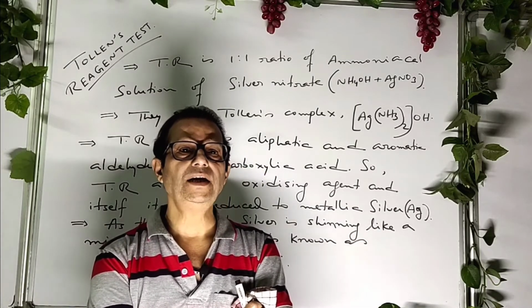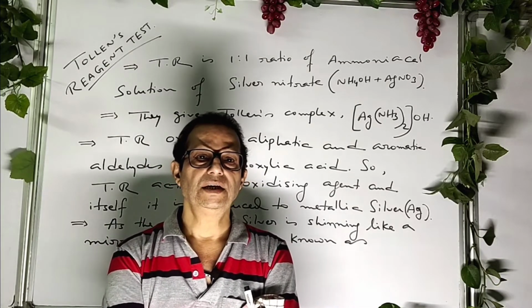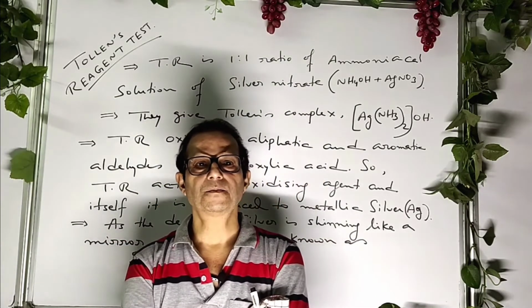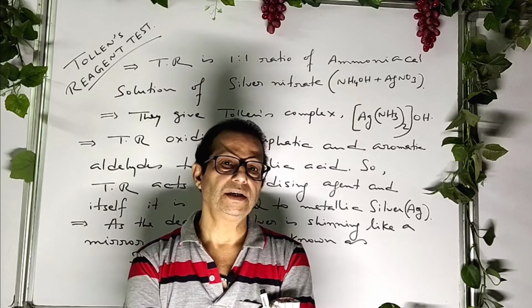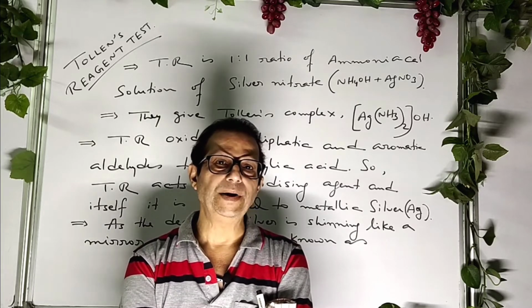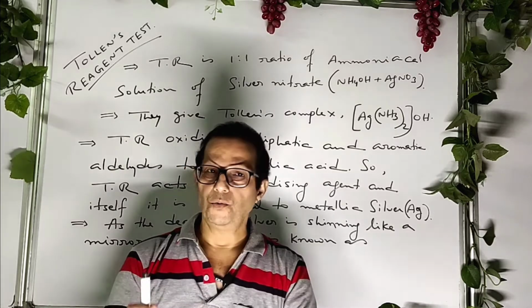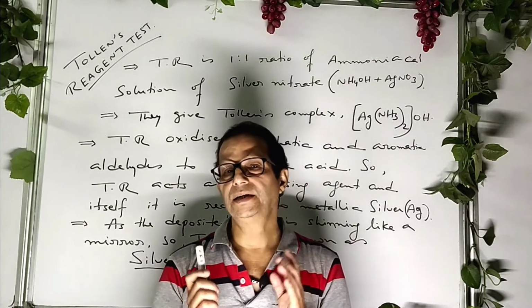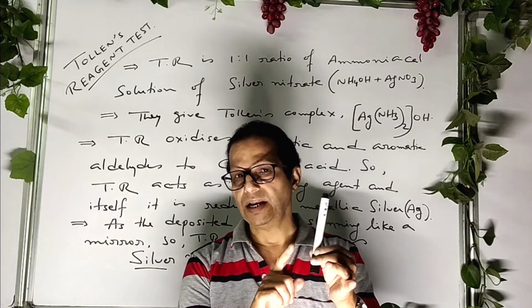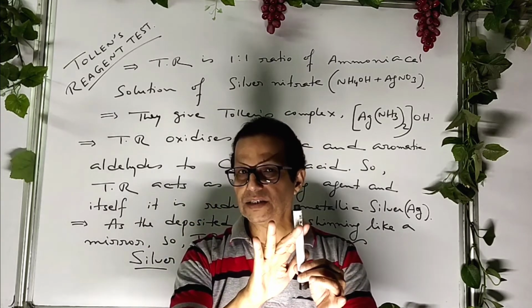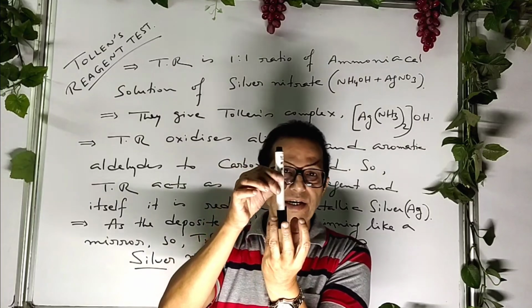You know that any oxidizing agent itself is reduced. Hence, Tollens reagent reduces to metallic silver. Whenever you add any aldehydes, aliphatic or aromatic, along with Tollens reagent, heat in indirect way.